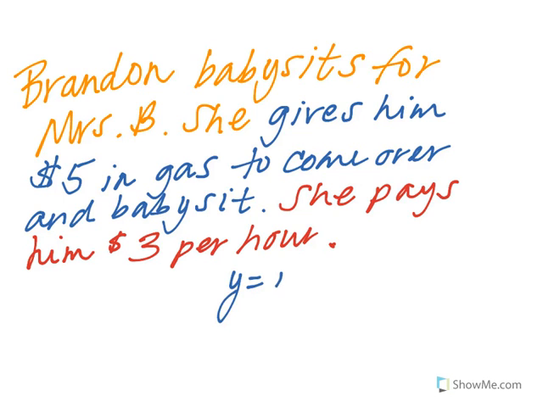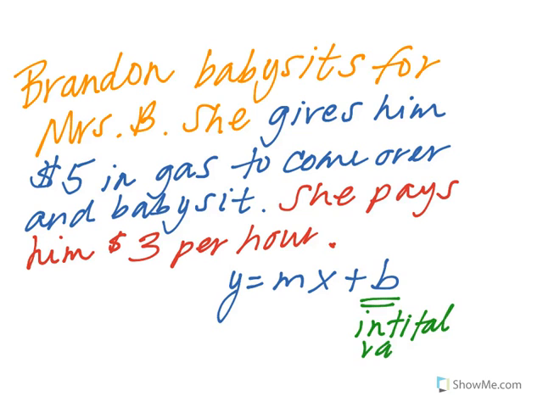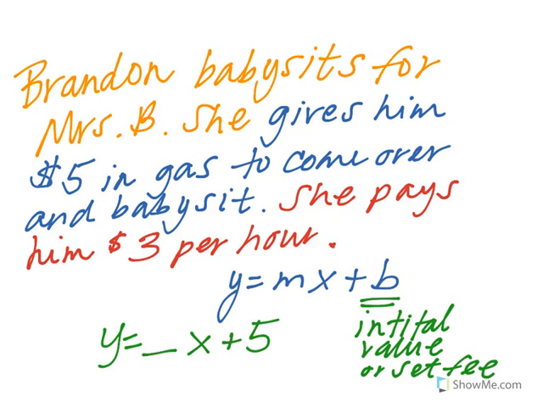you know that our equation would be y equals mx plus b, where b would be our initial value or set fee. So b would be $5, because that would be the set fee that he gets to babysit.